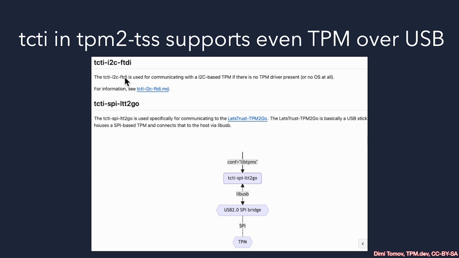The one is using an FTDI chip, a USB virtual COM port, to talk to an I2C TPM, a physical dedicated TPM that we can reach over USB. Then the other interesting example here is the TCTI-SPI-LTT2Go, which is again a TPM on a USB stick using a different type of USB chip solution that establishes the virtual COM port for our system.